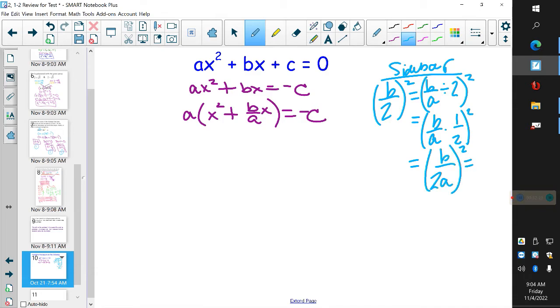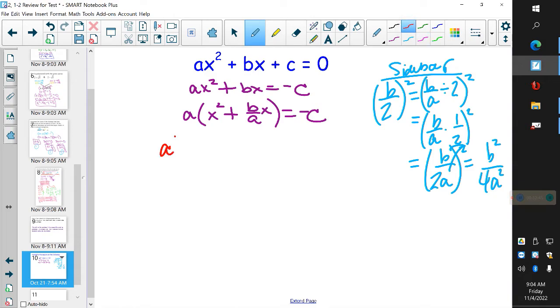So if I square that, what is that going to give me? If I go to this one, that gives me b squared. If I go to the bottom, there are 2 terms in the bottom, so 2a times 2a gives you 4a squared. Where am I adding that? Inside the parentheses, yes?